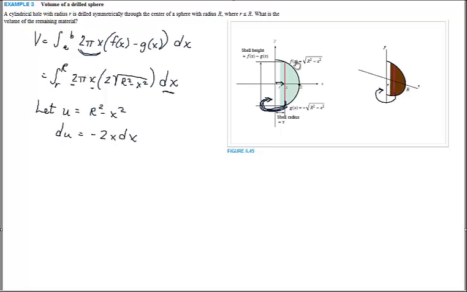replace my x in this case. Instead of this x being here, I see that my x will be r squared. So if I replace this right here with r squared minus r squared, that is 0.